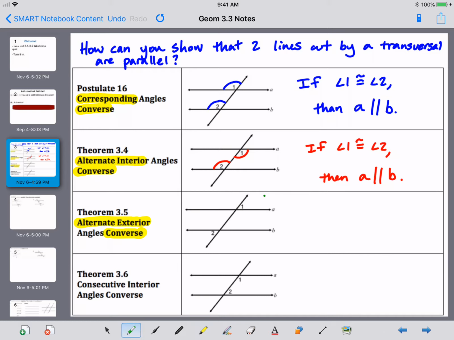So if we know that these alternate exterior angles, angle 1 and angle 2, are congruent, then once again, line A is parallel to line B.